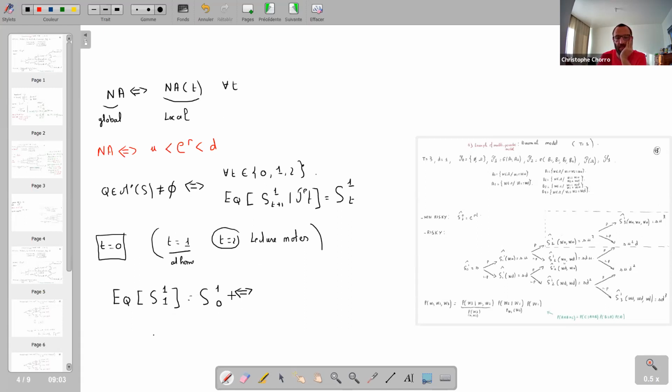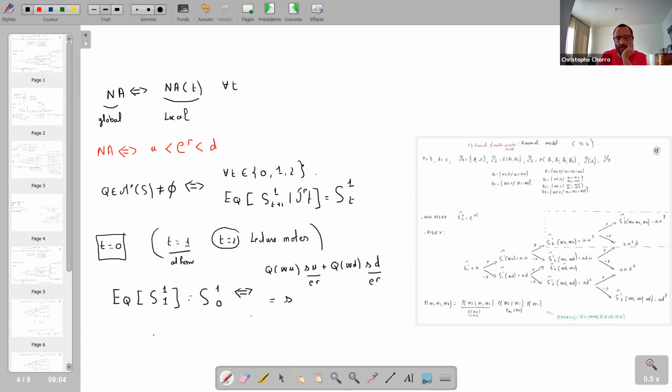So I have Q(ω_U) multiplied by the value S_U, plus Q(ω_D) S_D. Be careful because it is the actualized value, so I have to divide by exponential of R, and this has to be equal to the value at time t equal to 0, that is small s.